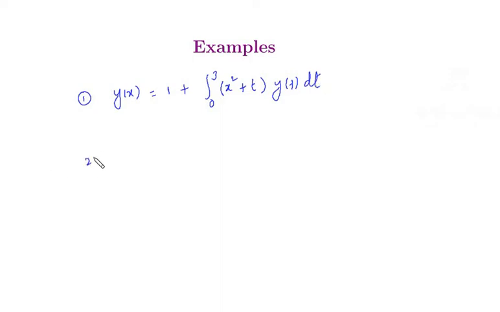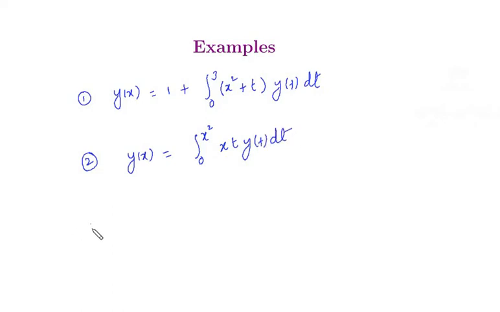Again I will say we are talking about the linear integral equations. Another, let us say y of x is equal to integral 0 to x square of x t y(t) dt.